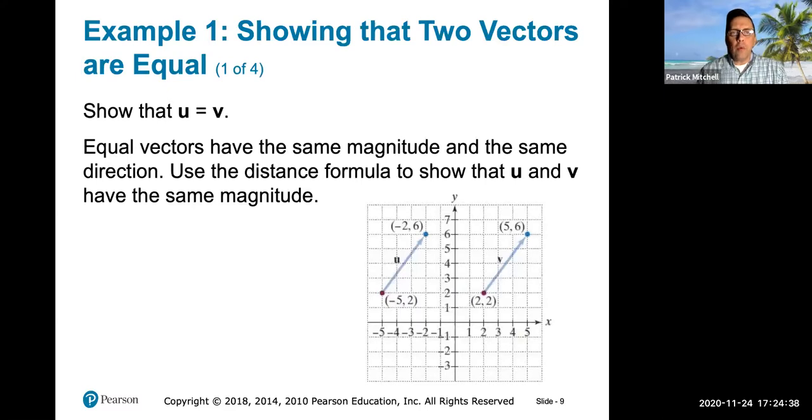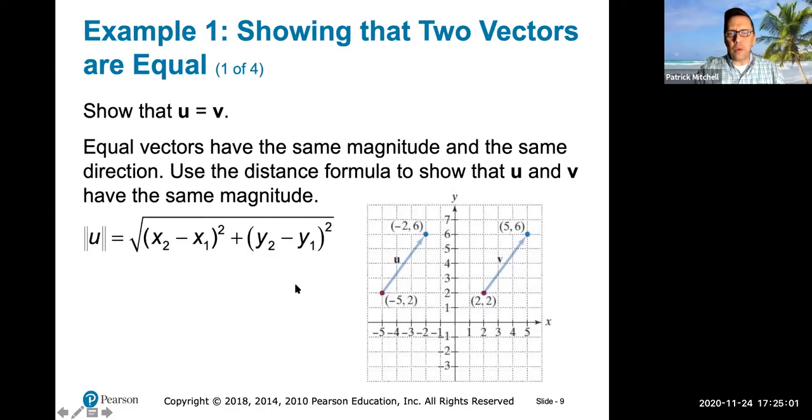There are different ways to show that two vectors are equal. Equal vectors have the same magnitude and the same direction. To show that they have the same magnitude, you can use the distance formula. Notice that the initial and terminal points of both of these vectors are given.